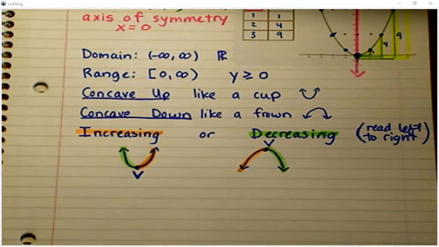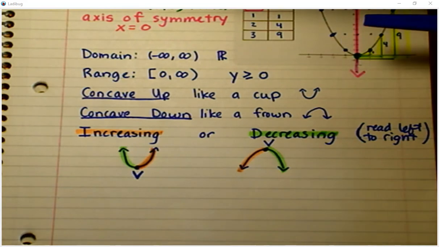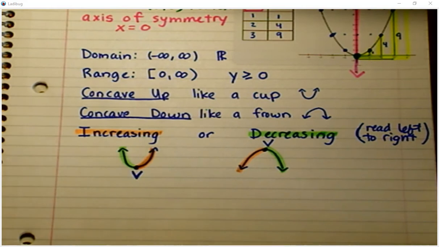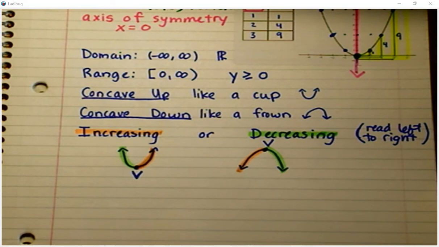Notice how the vertex is right in the middle. Okay, it divides the increasing and the decreasing parts of the graph. So we are pulling back some of our vocab words from Unit 1. Domain, range, increasing, decreasing. Okay, we're going to have some more interval notation.